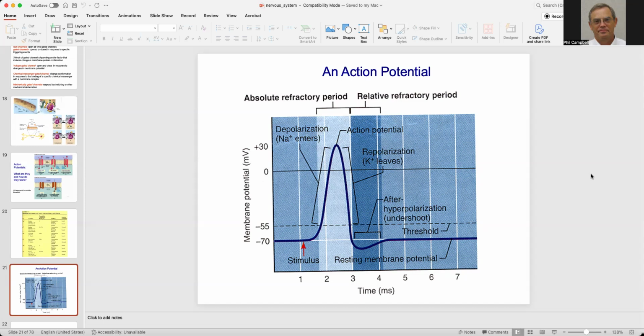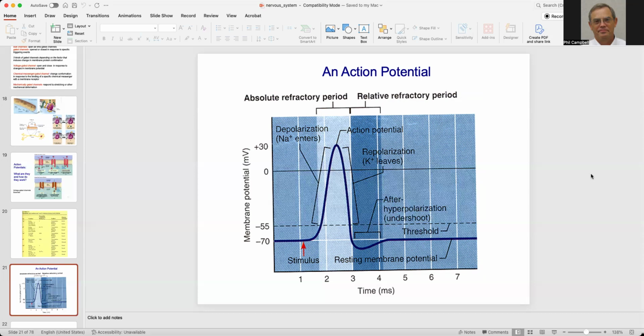When I have a depolarization from minus 70 to minus 55, the voltage-gated channels for sodium open. Sodium flows into the cell down its concentration gradient, resulting in an increase up to plus 30. So we have a reversal of polarization. There's now more positive on the inside than the outside, right?